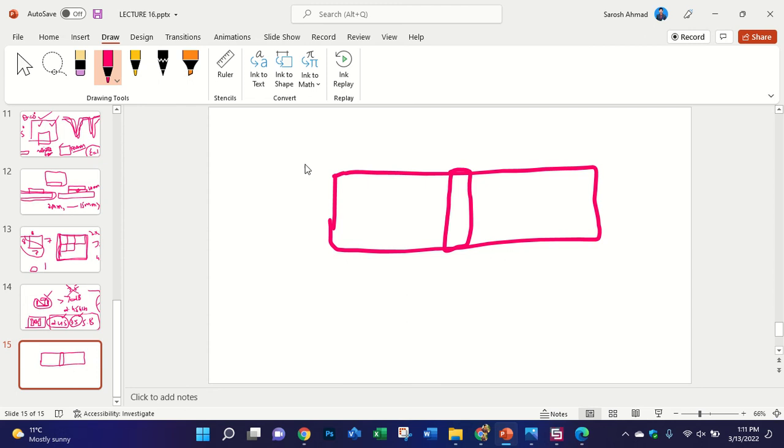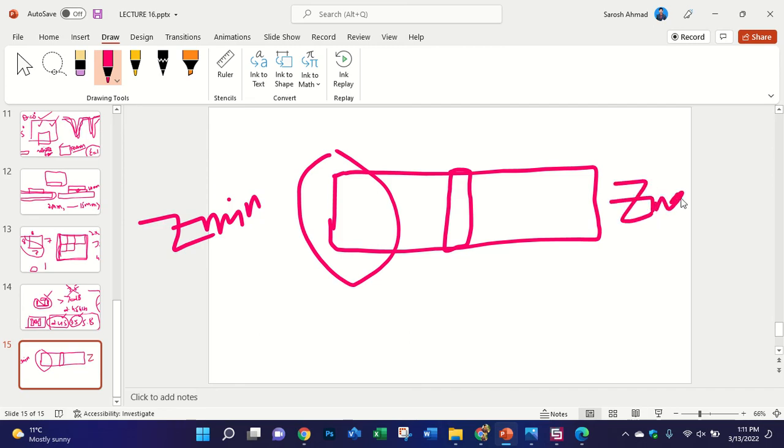This is Z minimum, and this is your Z maximum. Z maximum is in front of the patch, this is your patch, and Z minimum is behind the ground plane.